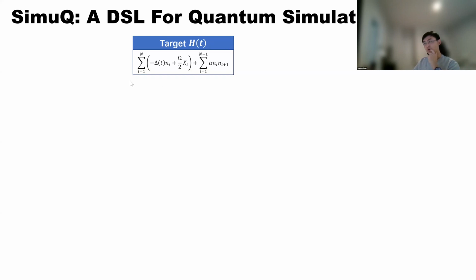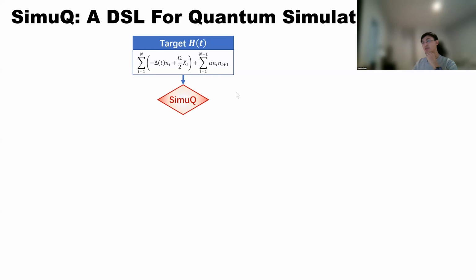As an example, we can write such a Hamiltonian in an expression like this, which is how physicists typically write their Hamiltonians. It's a huge summation with time-dependent coefficients and operators like the number operator N_i, and it's the easiest way for physicists to write down the evolution they would like to have.